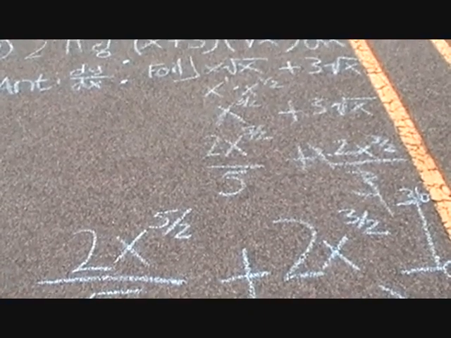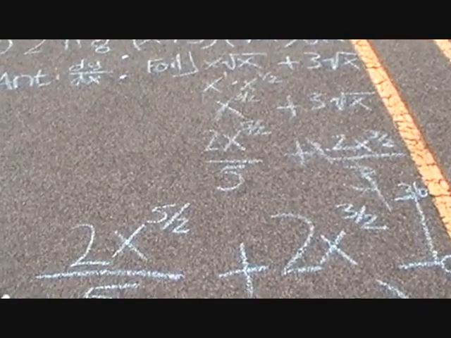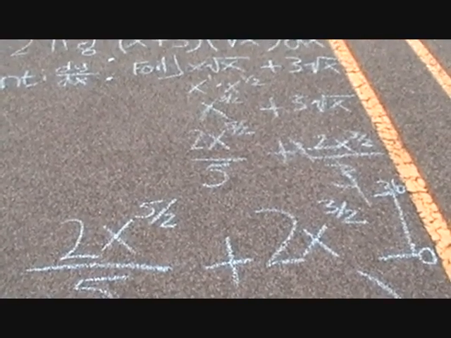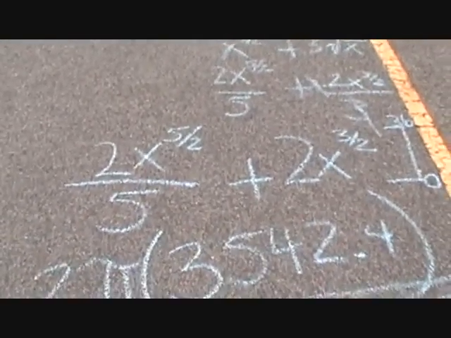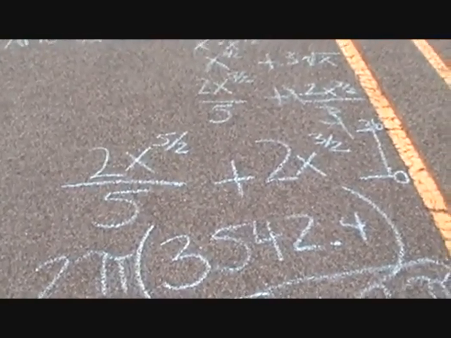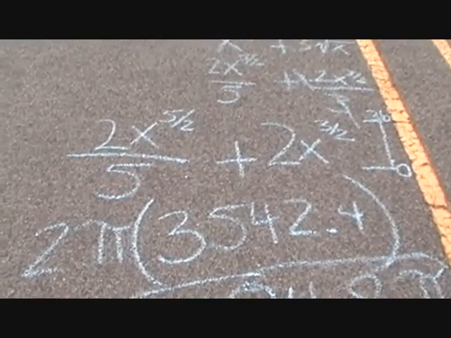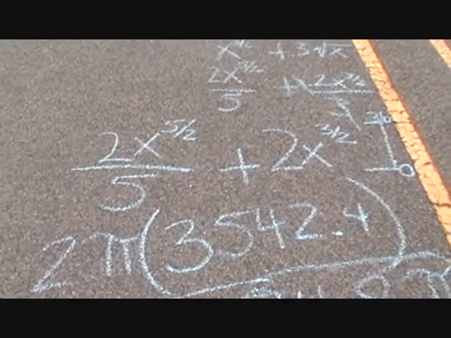But rather than having a fraction over a fraction in a complex fraction, we're going to multiply it by 2/3. And when you multiply it by 2/3, the 3 cancels that you originally pulled out in order to take the antiderivative. So now our function is 2x raised to the 5/2 over 5 plus 2x raised to the 3/2. And that is our antiderivative.